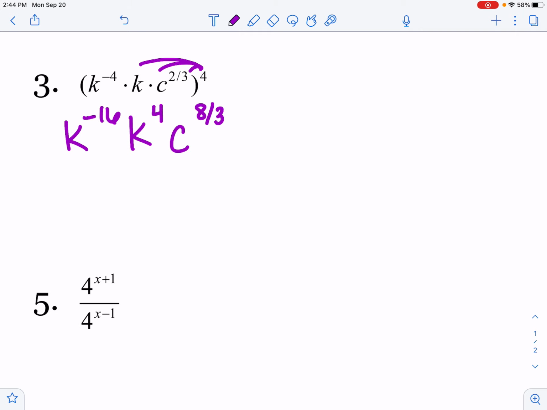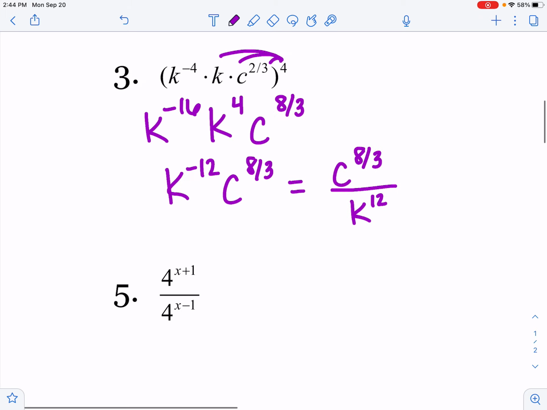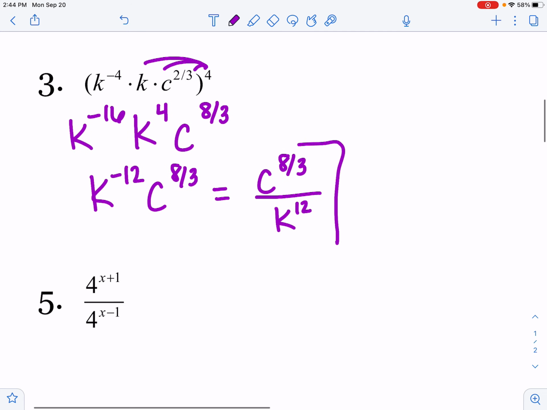I'm just multiplying those exponents. Two things with the same base and I'm multiplying, so I'm going to add the exponents for the k. And then we can't have negative exponents, so what I'm going to do is move that k to the 12th to the bottom and make it positive. So that negative exponent has to change location so that it can be made positive.